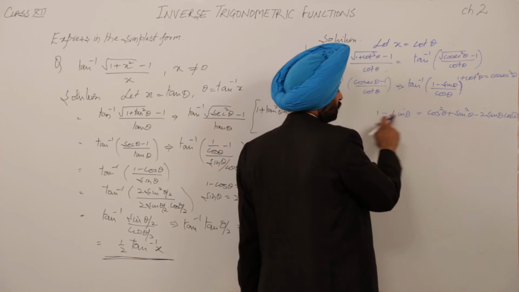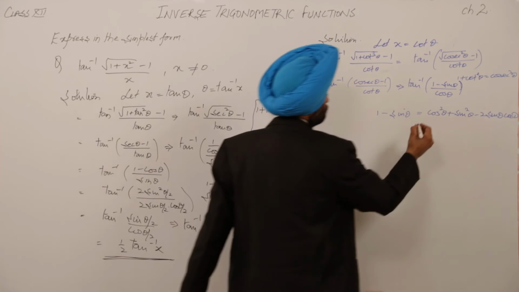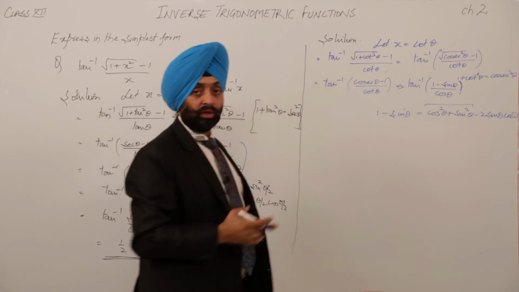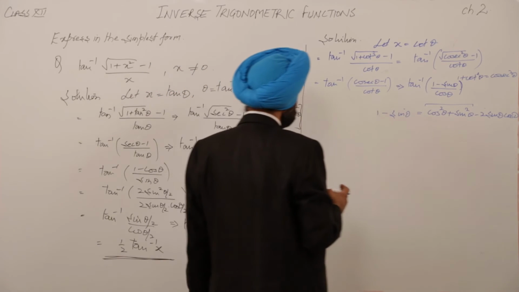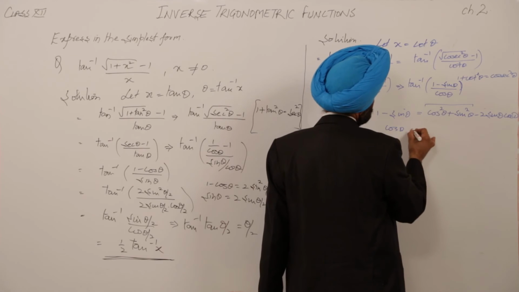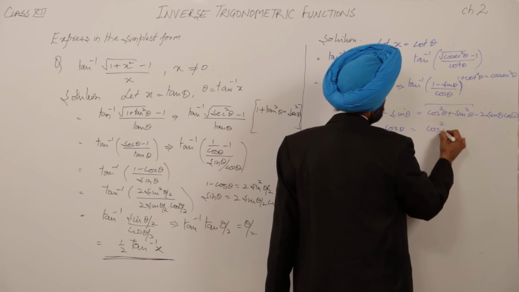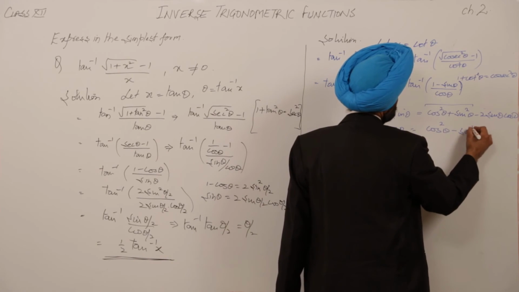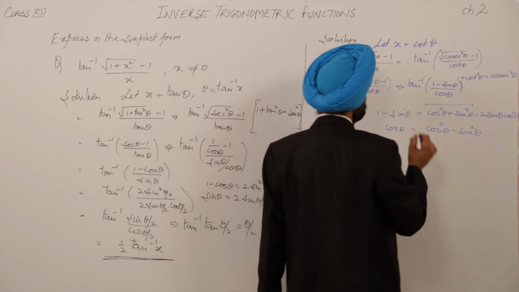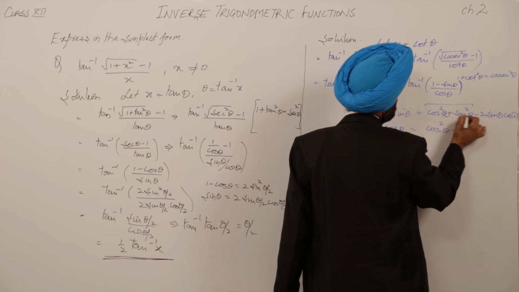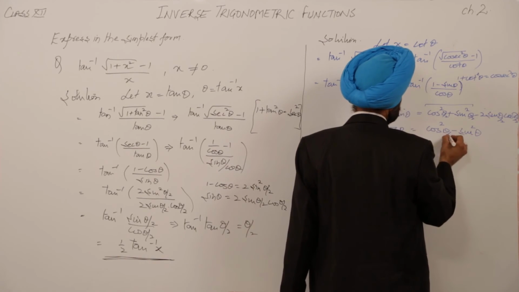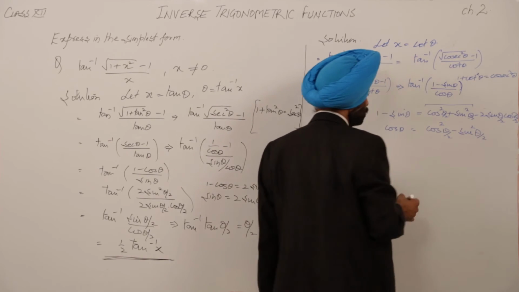Now cos square theta plus sin square theta is 1, and this is the formula for sin theta which I wrote earlier also. For cos theta, it is cos square theta minus sin square theta. This was the formula for cos theta. Now when it is theta, the angles will become theta by 2. Here also it becomes theta by 2.